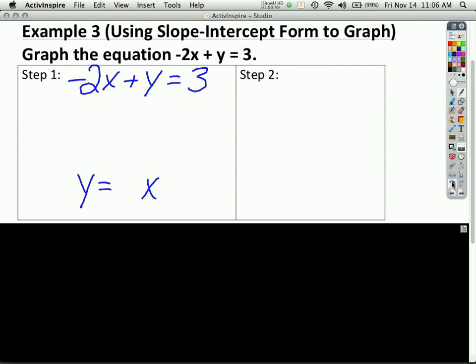It goes way back to today's warm-up. What's the first thing we should do? My students who got it wrong during the warm-up should now be thinking to themselves, I should know this now. Sam? By itself. So what's the first step?